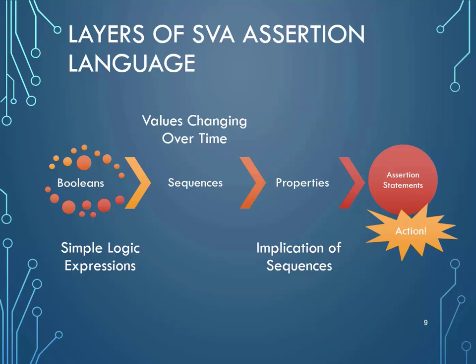And then we need a tool to encapsulate those sequences into properties, but more than that, we need the implications of those sequences. Why? Because once we define what is expected behavior, we need to define the implications of that behavior.